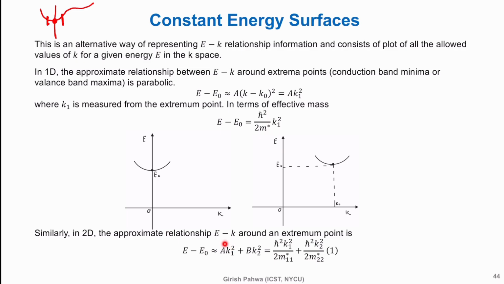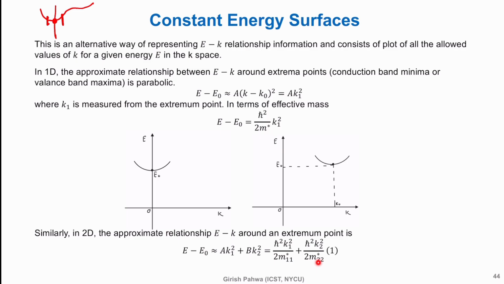Now similar to the 1D case, I can represent these coefficients by 2 effective masses, not one effective mass. So corresponding to A, there is an effective mass m11 star, h bar square upon 2 m11 star. Corresponding to B, there is another effective mass m22 star, h bar square upon 2 m22 star.